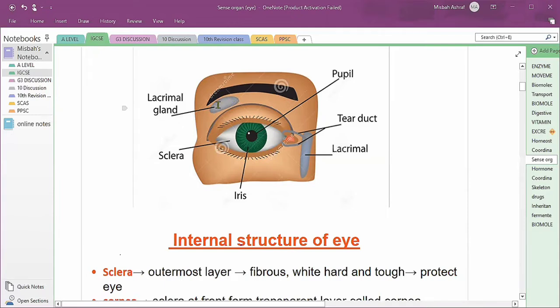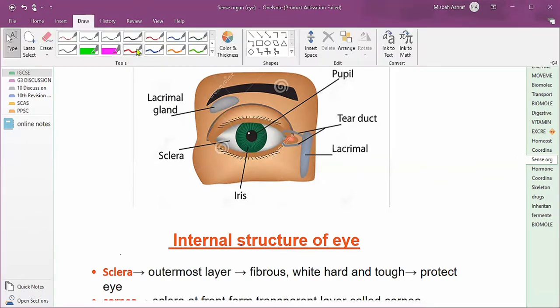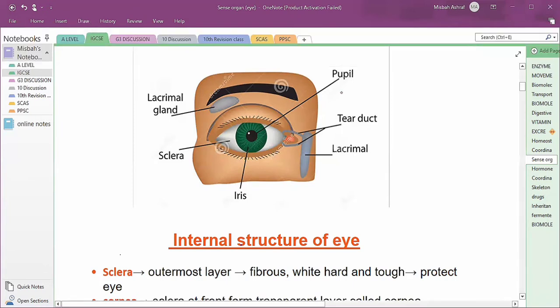You can see this is the outer corner and this is the inner corner. At the outer corner of the eye, there is a gland known as the lacrimal gland, also called the tear gland.